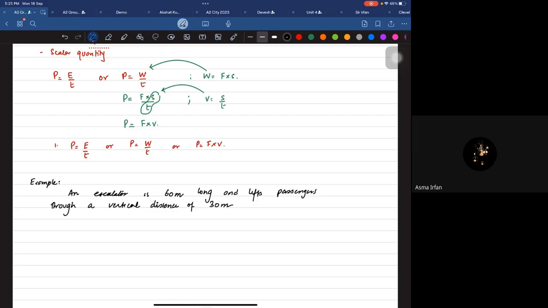Then it says the power needed to overcome friction is 2.0 kilowatts.